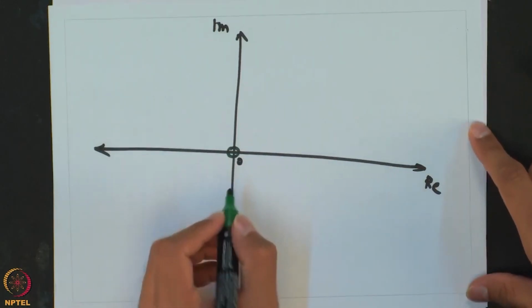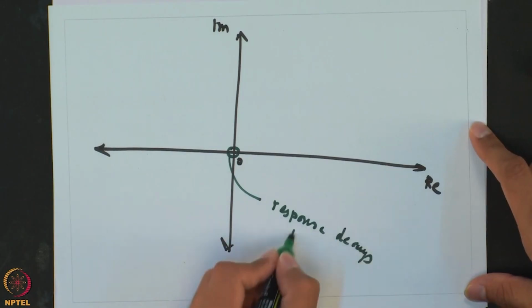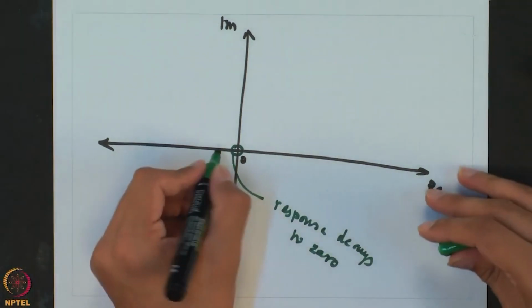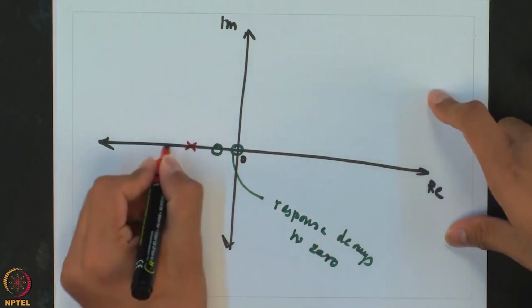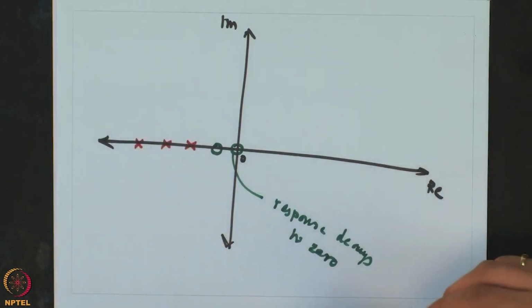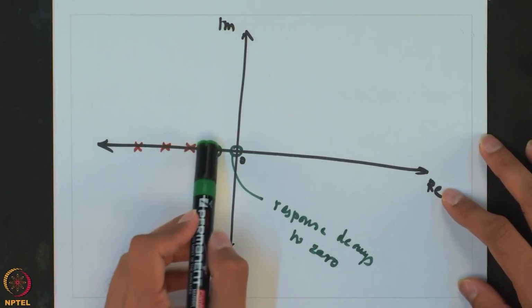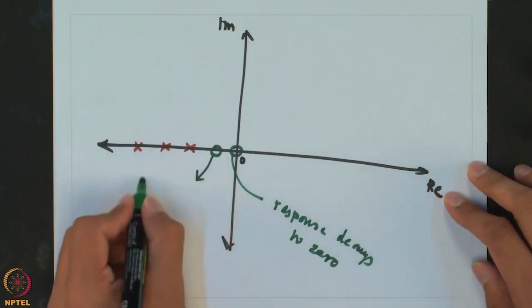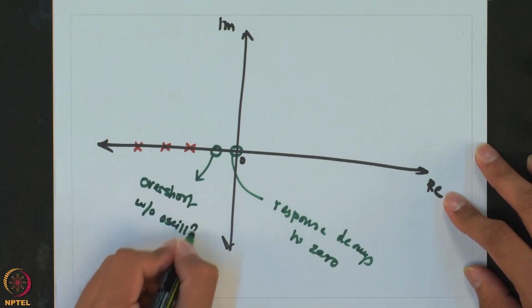So if there was a 0 at the origin, the response decays to 0. Now if the 0 is on the real negative axis and it is closer to the origin than any of the poles, in that case you will get overshoot without oscillations, obviously.